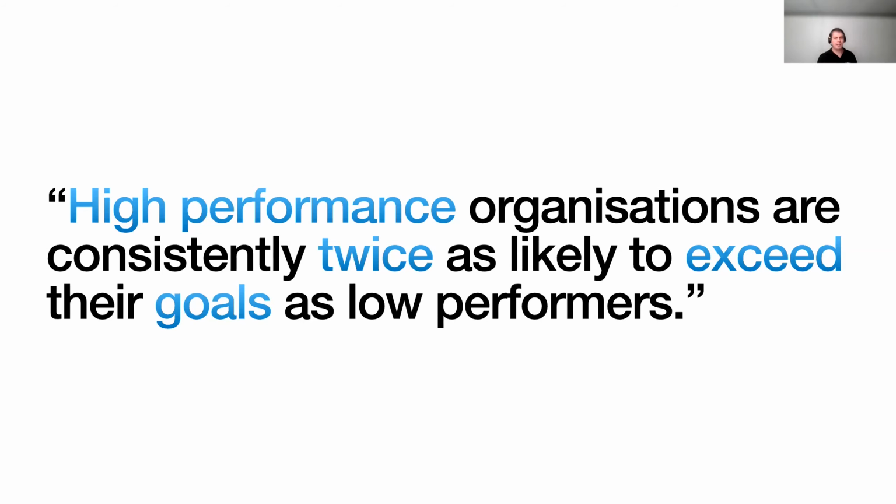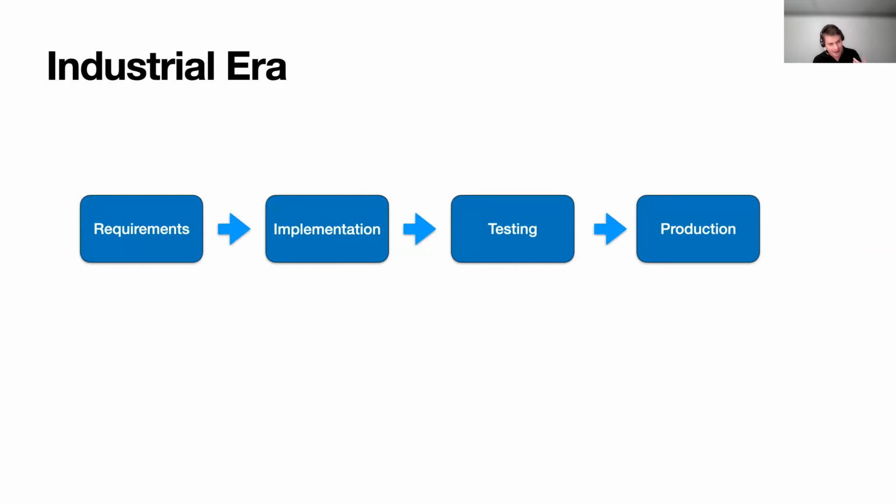So why do we do the things we do now? Why haven't we been able to, you know, get to the next level? Why are we kind of stuck in this stage where we are now? Well, I think it has a little bit to do with history, like the industrial era, where you have the typical waterfall process, you know, with requirements, implementation, testing, production.